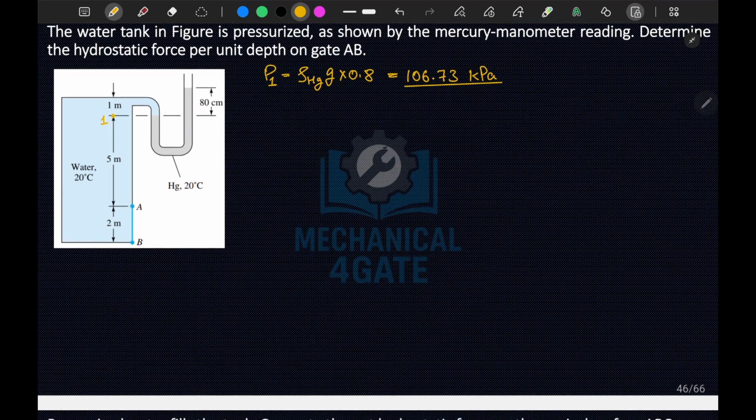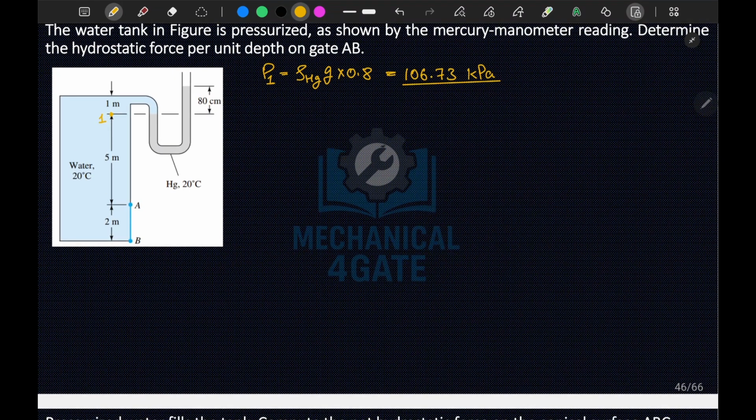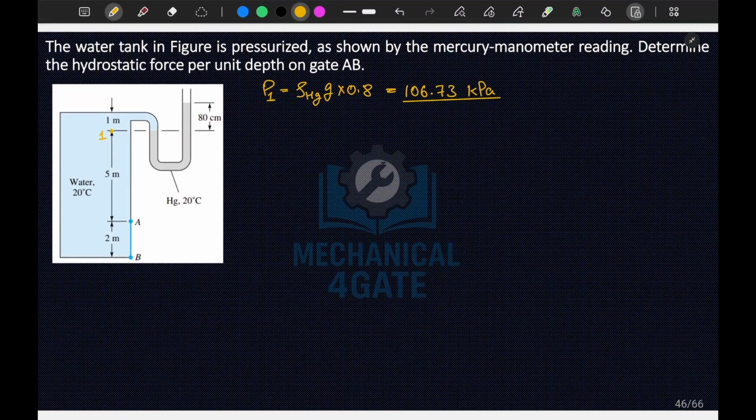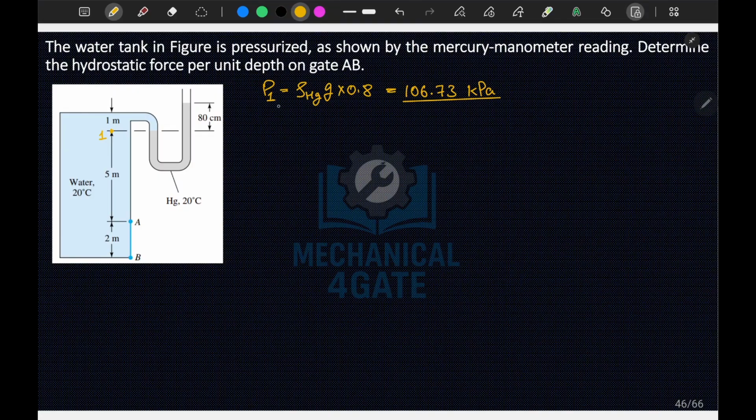Now if I have to find the force at surface AB, what can I do? For this we basically have two methods. First is the method of pressure prism. Second, since we have the pressure P1, I will calculate the height of the water column that should originally be there, such that the pressure above will be atmospheric and there will be a free surface.